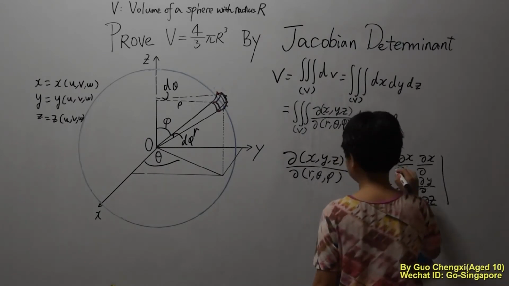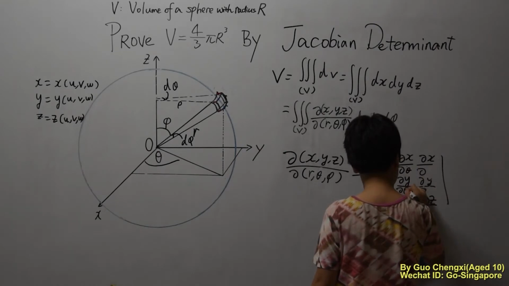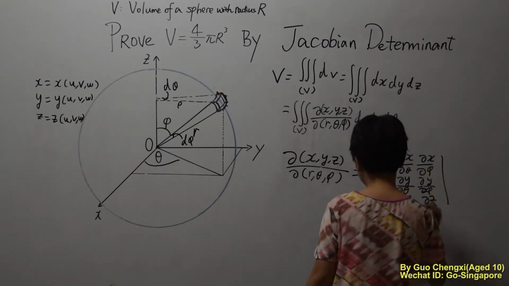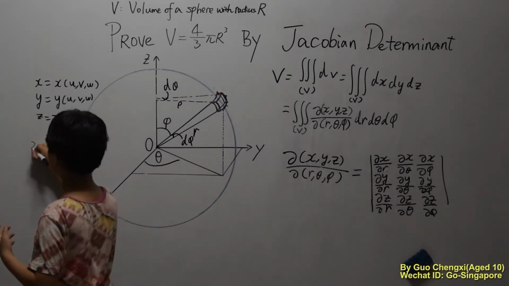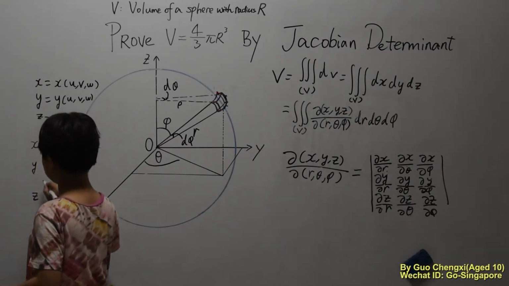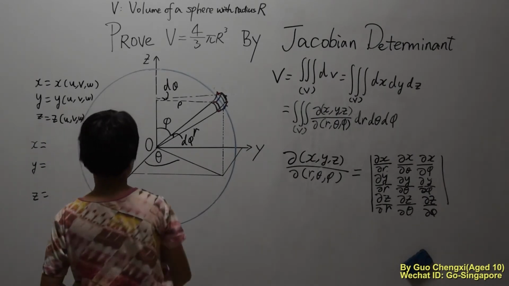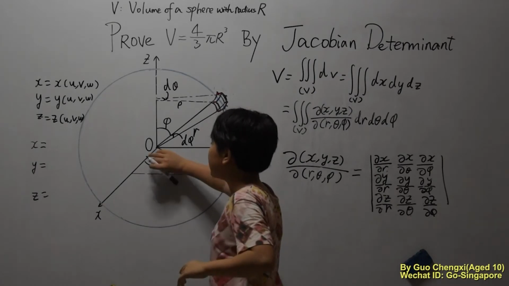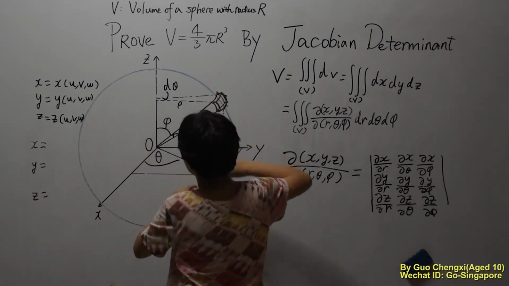Okay. So for this part, first of all, what is x actually? What is y actually? What is z actually? Which one would you find first? Actually, the given question wouldn't give you this part first. It will just give you this part only.